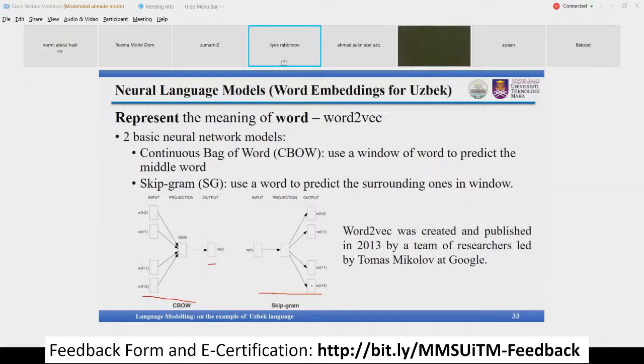Skipgram predicts context words from target words. CBOW is more powerful for medium-sized data, while skipgram is powerful for training on very huge data. Skipgram captures more word semantics and meanings than CBOW when the model is trained with very huge data.